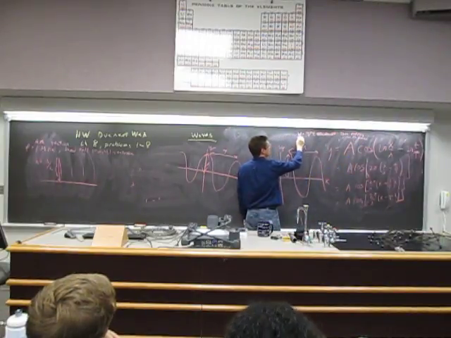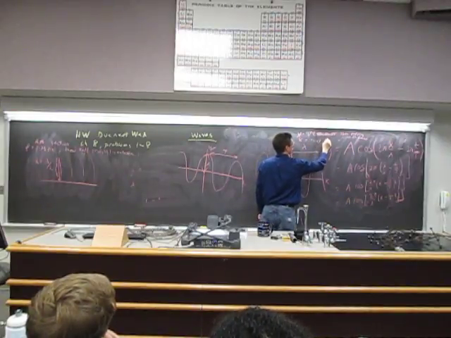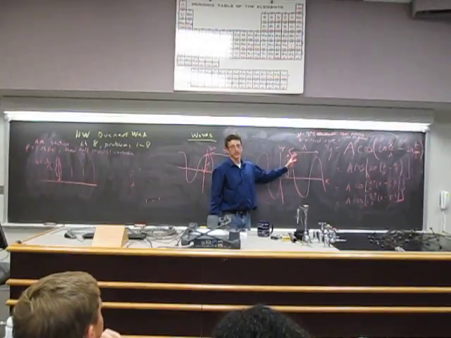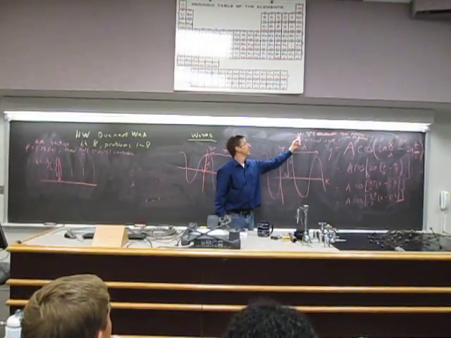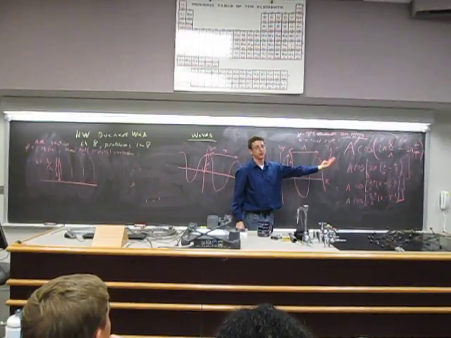If x minus vt is equal to a constant, then x would equal some constant plus vt. So that means x is increasing with time. This minus sign means that the wave is moving in the plus x direction.